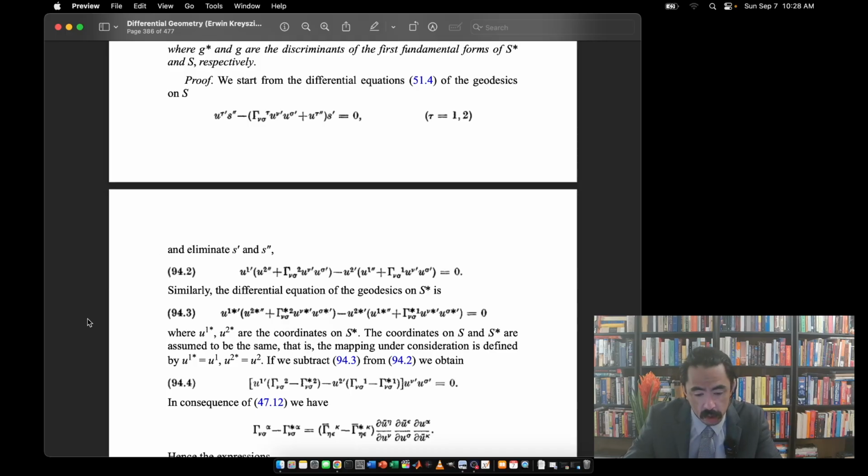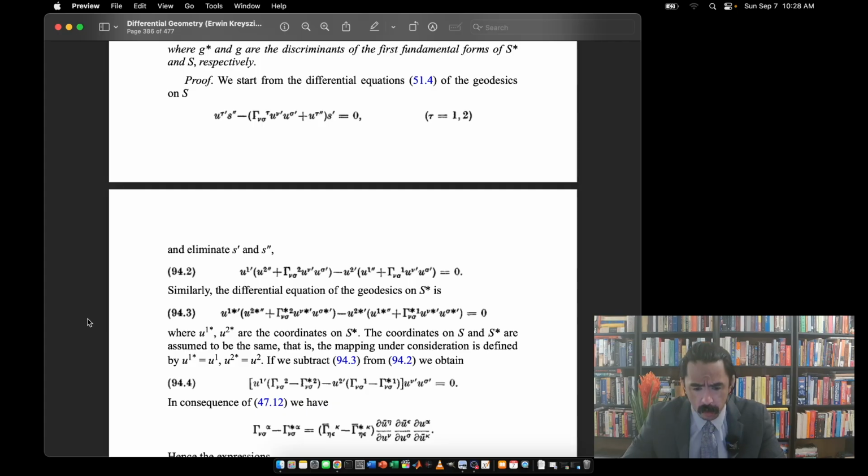Back to section 94, we have u^τ prime times s double prime minus the quantity Γ_{νσ}^τ times u^ν prime times u^σ prime plus u^τ double prime closed quantity times s prime is equal to 0, where τ is equal to 1 or 2.